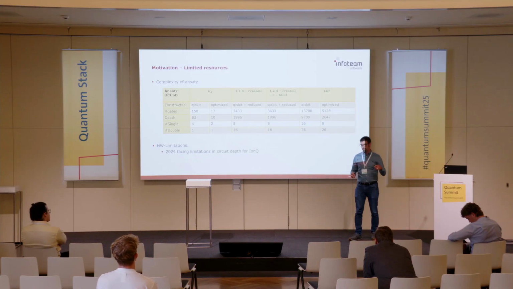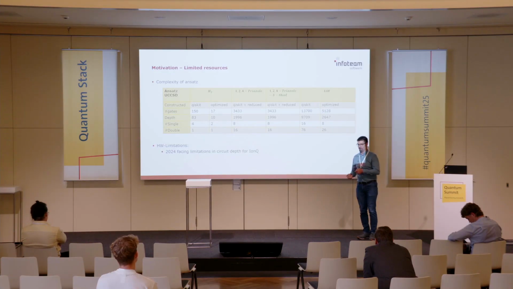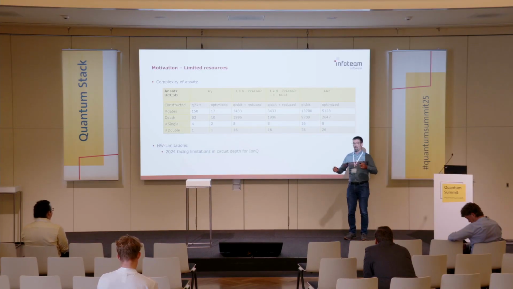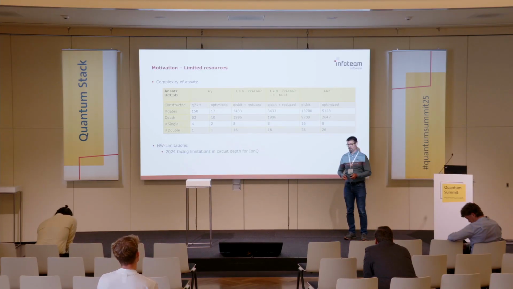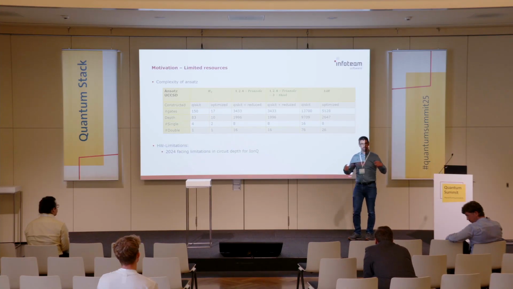In 2024, we faced certain hardware constraints when we wanted to run this on maybe an IonQ device. So we had all this reduced, we had our ansatz prepared, we had our molecules optimized, and we were ready to run all this on the hardware, and they said, your circuit is too deep, so this won't work. So we had to come up with a way to optimize this somehow.